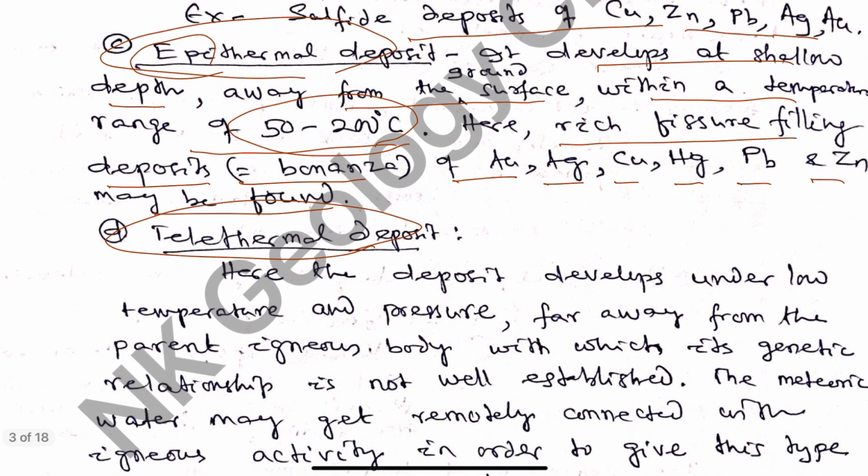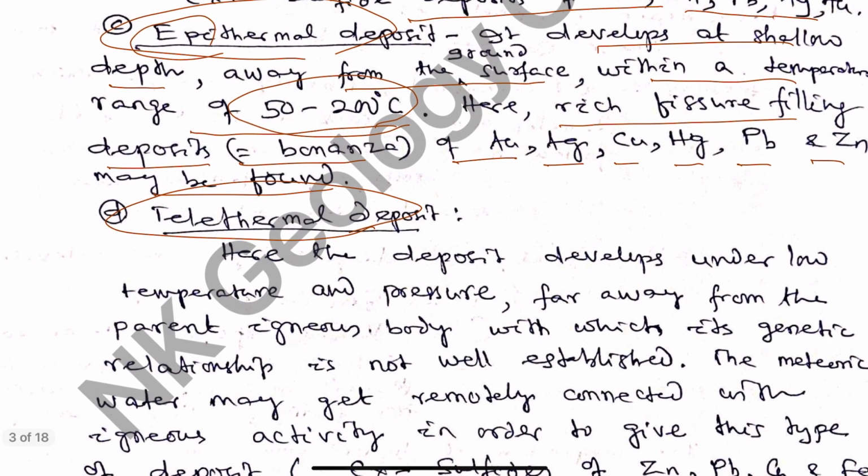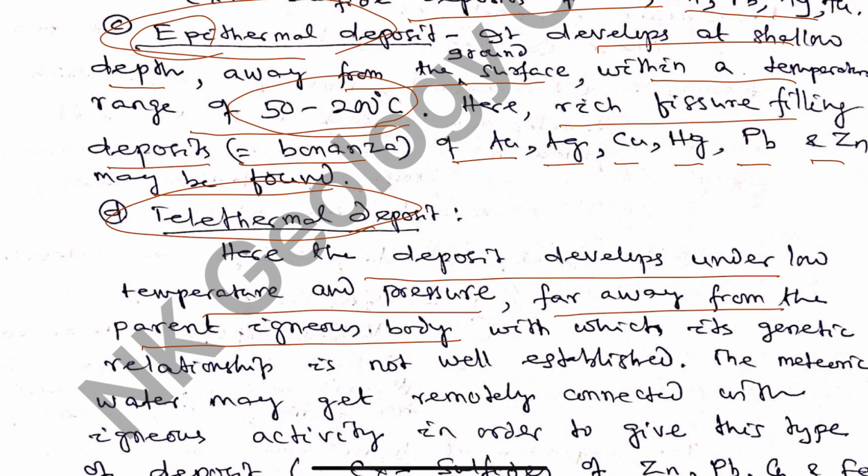Besides these three major types, there is telethermal deposit. Here the deposit develops under low temperature and pressure conditions, but it takes place far away from the parent igneous body, with which its genetic relationship is not well established.